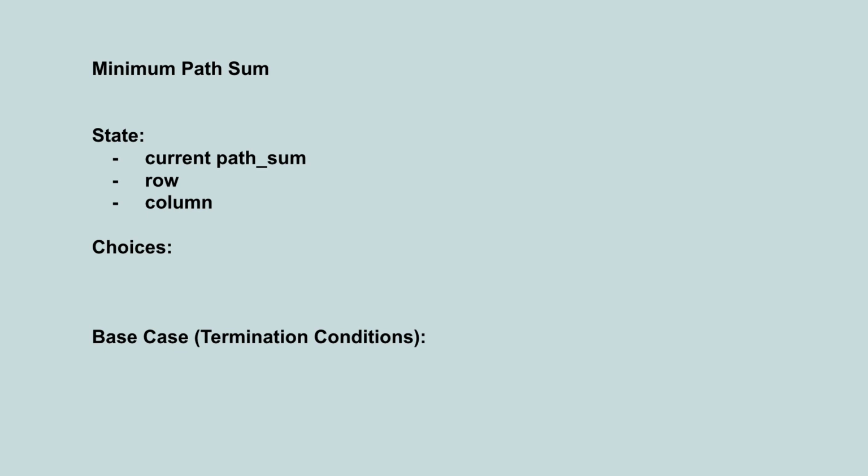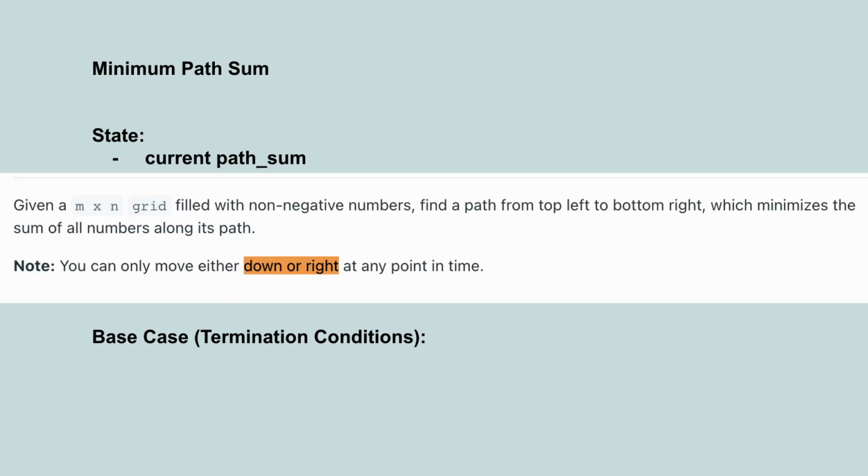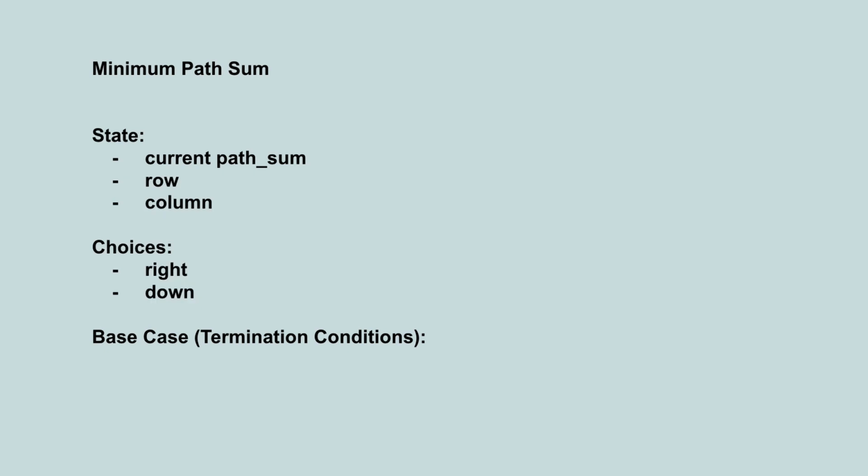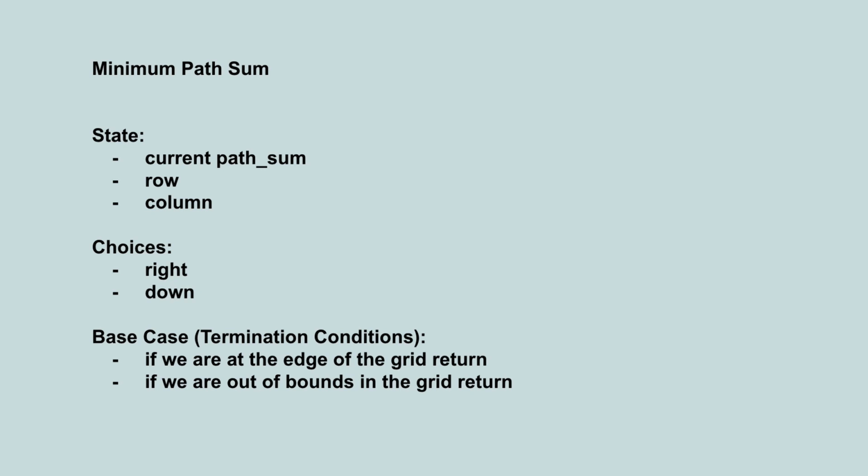The choices we need to keep track of and then take at any point in time are given to us in the question, and that's that we can only move down or right. And then the base cases or termination conditions are that when we get to the edge, we are done and we can return that value. And then if we go too many rows down or too many columns to the right and we go out of bounds, we need to return because that's like an undoable path.